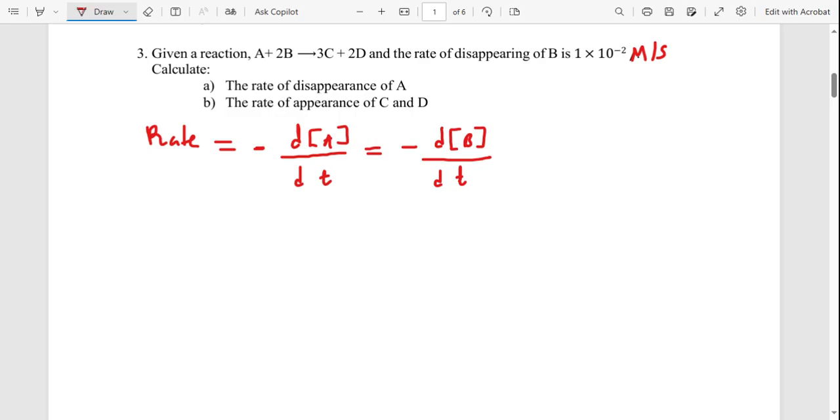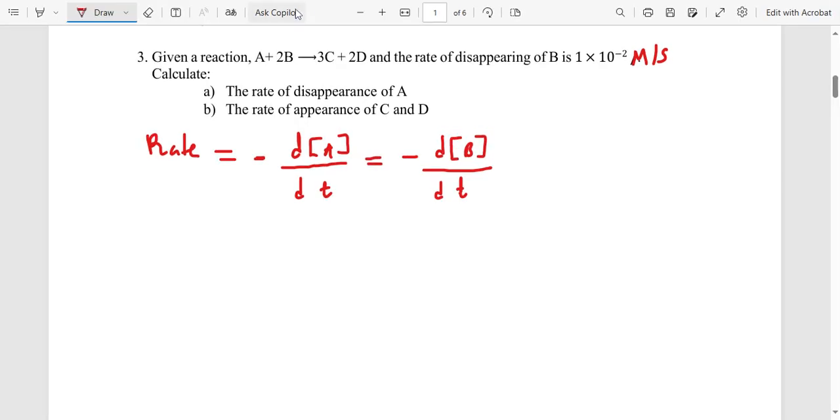Can you see the screen now? Are you able to see the screen now? Thank you. So let me just say this again, what I was writing here.